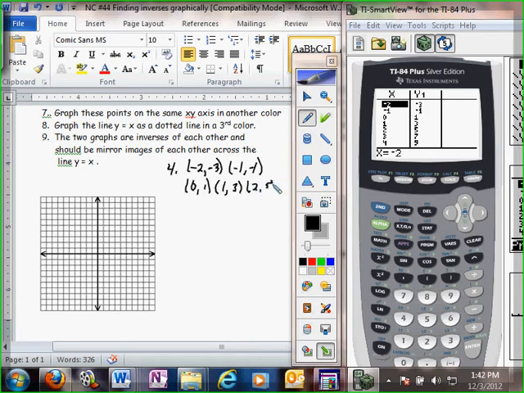What I want to do now is plot these points and sketch the graph of this line.